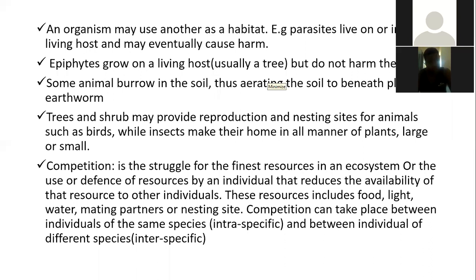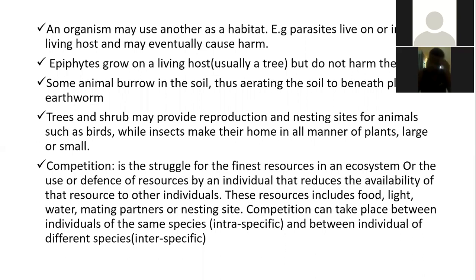Okay, the next one. As I said, epiphytes grow on living hosts, usually a tree, but do not cause them harm. So as I made mention earlier, these epiphytes, that is plants with weak stem, grow on tall trees, but do not cause them harm.